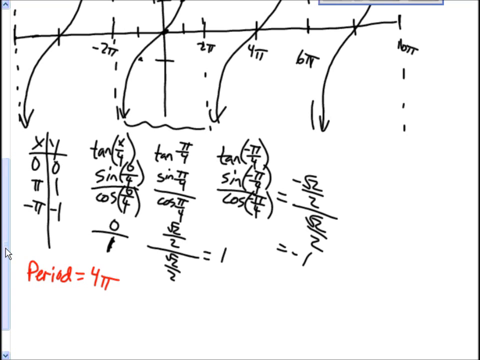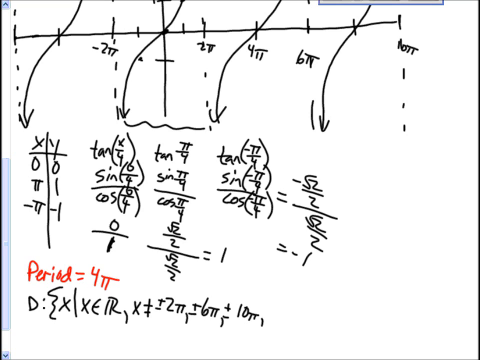Now let's go ahead and name your domain here. Your domain is x such that x can be anything except, and now let's think about that. You know how the vertical asymptote is 2 pi, and then it went up to 6 pi, and so on. We could also be a little lazy on this: plus minus 2 pi, plus minus 6 pi, plus minus 10 pi, dot, dot, dot.